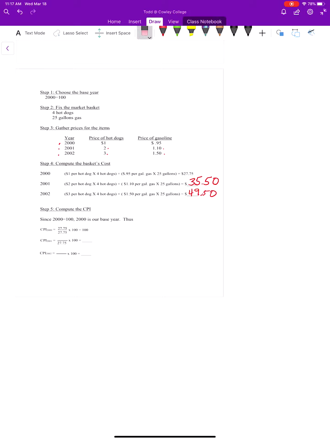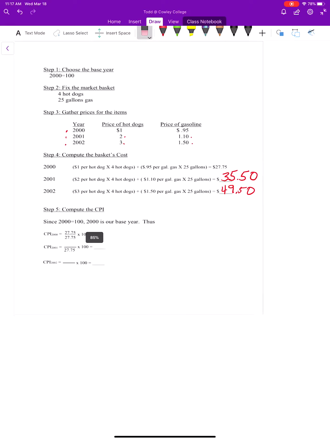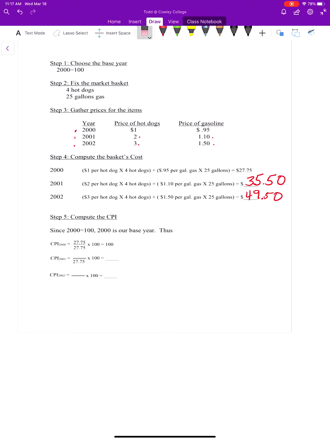And then, now that we have the cost of the market basket, step number 5 is to actually compute the value for the consumer price index. Here's how we're going to do this.